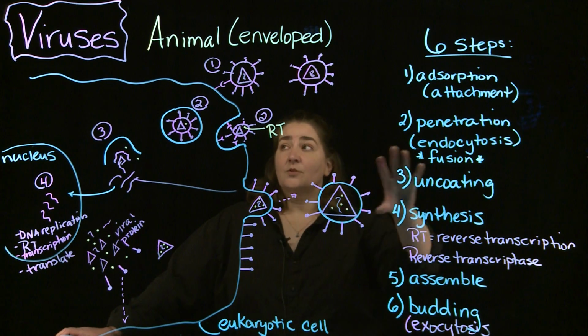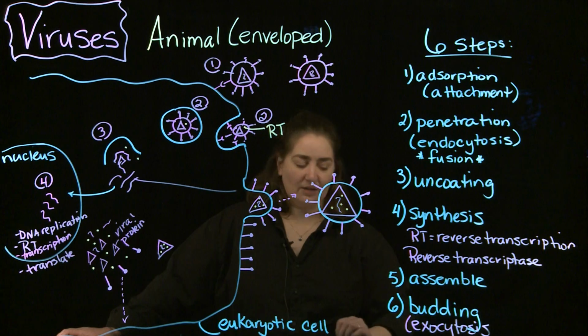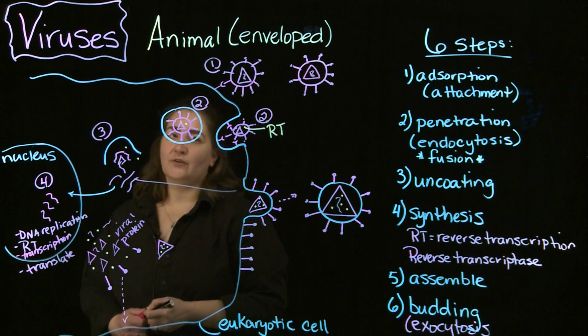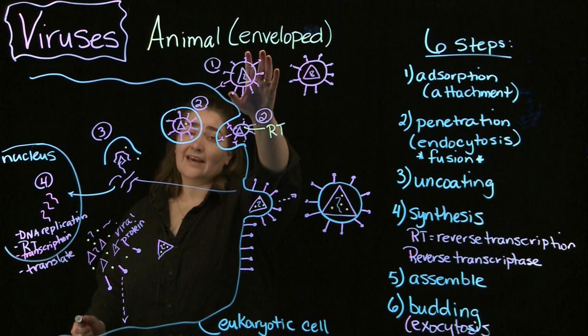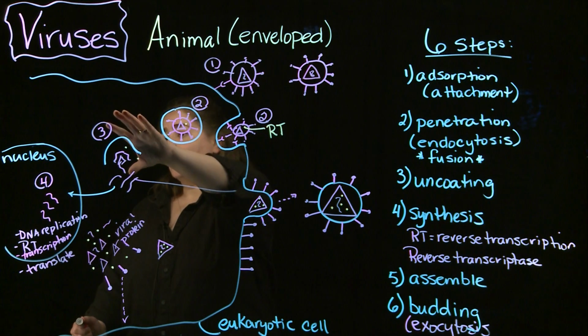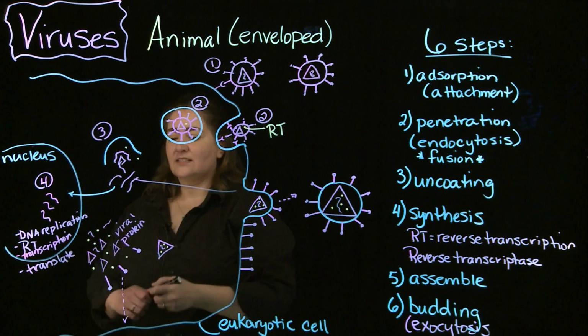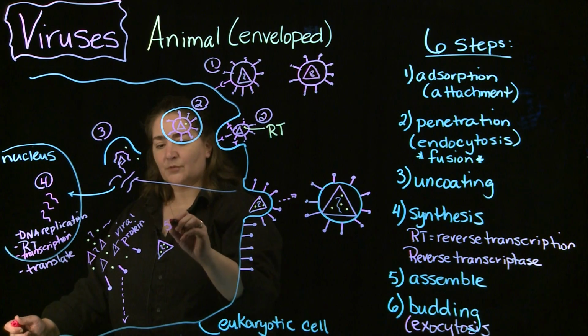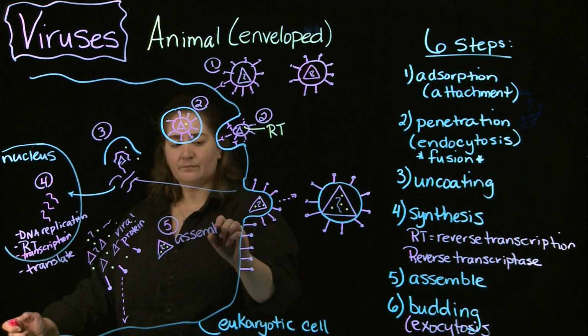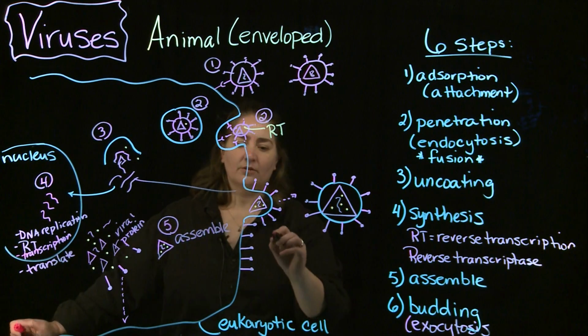All right? So in terms of replication within our eukaryotic cell with an enveloped virus, we've got attachment or absorption, we've got penetration, uncoating, synthesis. I didn't put this one in here. We're going to assemble that viral particle.